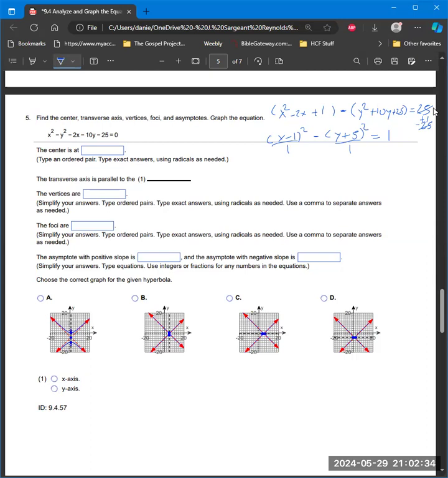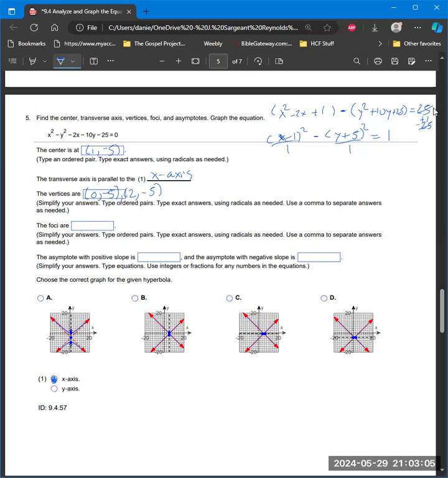And this is the x part. The center is going to be at (1, −5). We're going to be parallel to the x-axis again. Vertices are going to be at plus or minus 1 in the x direction here. So that's (0, −5) and (2, −5).